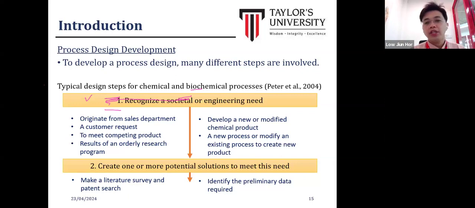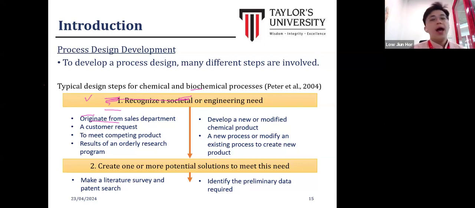Then as a chemical engineer, you also need to assist your customer to fulfill their need to come up with the correct chemical plant. Or maybe you have some idea, you want to produce some of the potential product that you think you can make profit based on the product that produce. Then of course you can also come up with your own design in order to produce the product that you want.